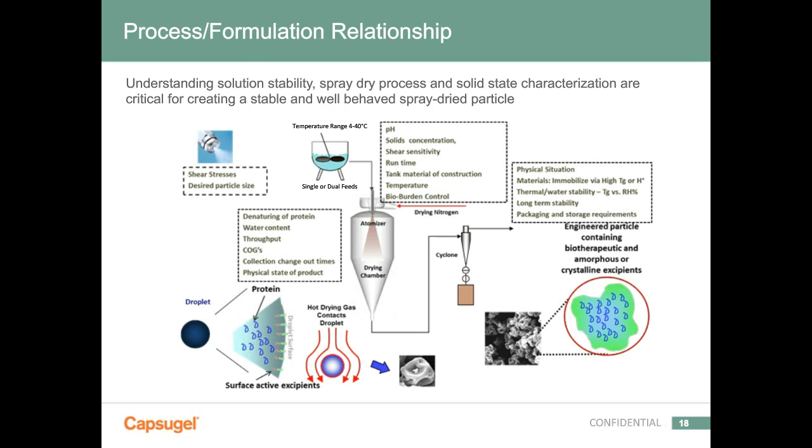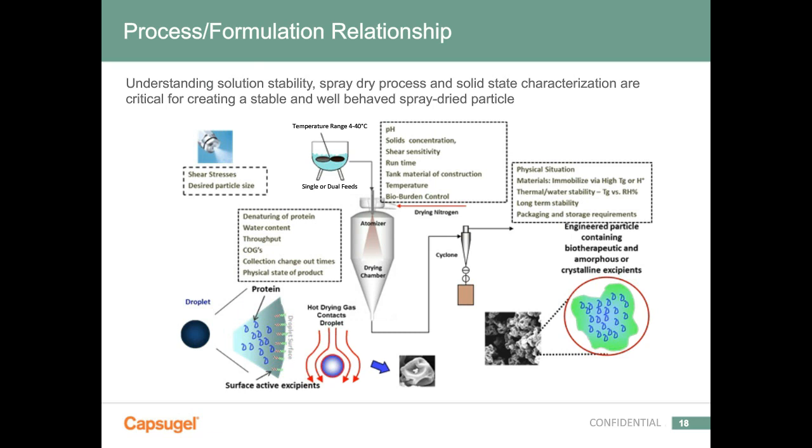And then also what kind of temperature profile. Sometimes these ranges can go from cold. We could hold that in refrigerated conditions to ensure that we don't have any instabilities. Or in some cases, an elevated temperature may allow us to include different excipients and give you a different product profile.